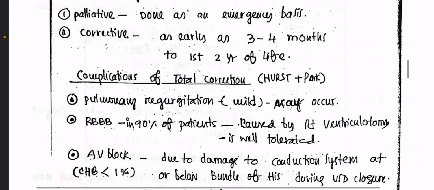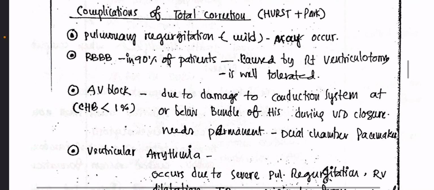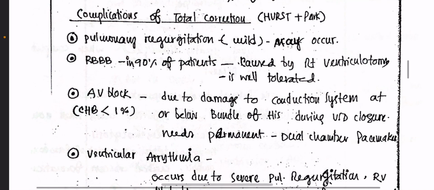Now, what are the complications of total correction? Pulmonary regurgitation, mild, may occur. RBBB occurs in 90% of patients, caused by right ventriculotomy, and is well tolerated. AV block: complete heart block occurs in less than 1% of cases due to damage to the conduction system at or below the bundle of His during VSD closure.